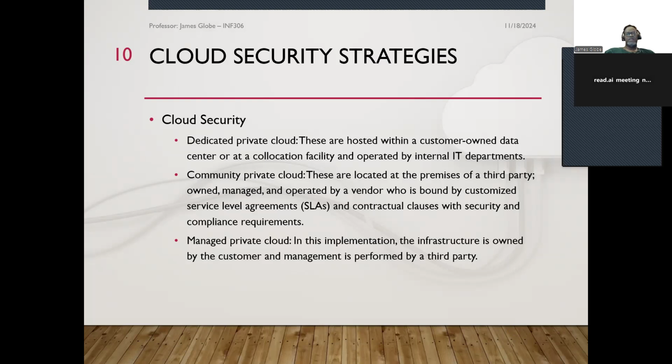Community private clouds are located at the premises of a third party, owned, managed and operated by a vendor, which is usually contractual through service level agreements on availability, access and CPU speed. Or you can have a managed private cloud also.